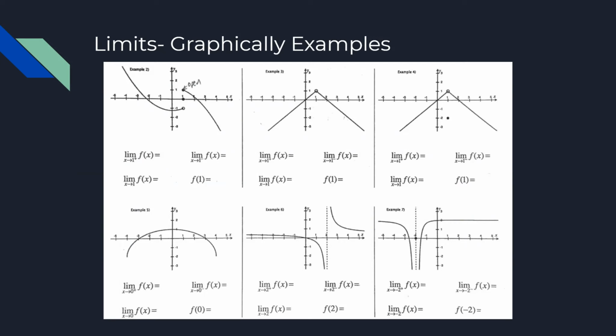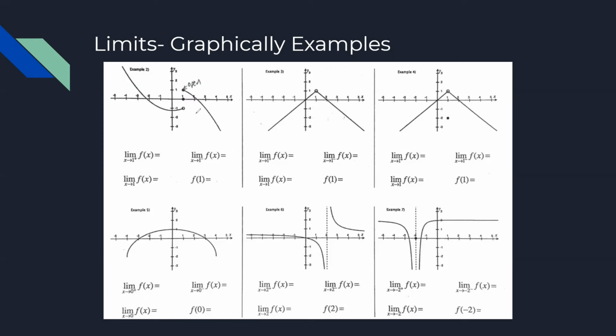Maybe like 2 pages of examples for this one, because these are less lengthy examples. Okay. So first off, our first example asks us to find the limit of f of x as x approaches 1 from the right.